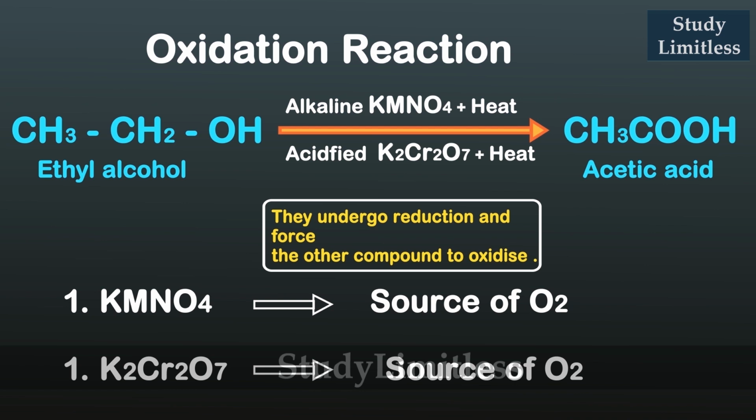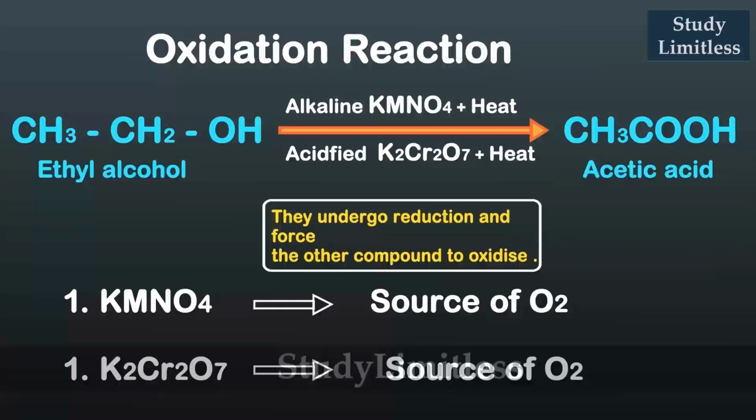Now, let's just look at the structural formula of ethyl alcohol, which is ethanol, and carboxylic acid. If you see, there are 3 hydrogens on the first carbon, 2 hydrogens on the second carbon, and an OH group. Now, if you look at the carboxylic acid, you can see that there are 3 hydrogens on the first carbon, no hydrogens on the second carbon, rather you have the addition of an oxygen and you have the OH group as it is.